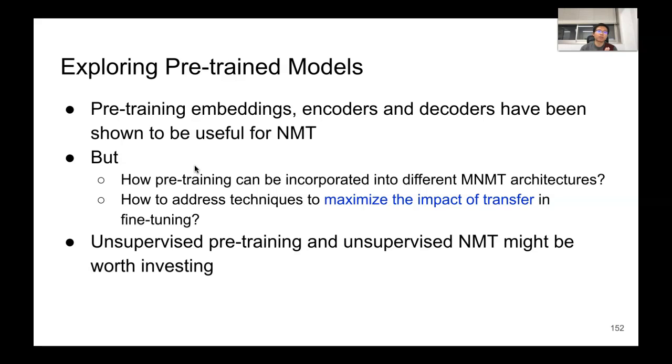Another thing is that pre-training is usually used for fine-tuning on a task, right? For the case of MLMT, how to minimize the impact of transfer in fine-tuning to improve, for example, low-resource or zero-resource or zero-shot MLMT remains an open question. And we think that unsupervised pre-training and unsupervised MLMT might be interesting directions that are worth investing in further.